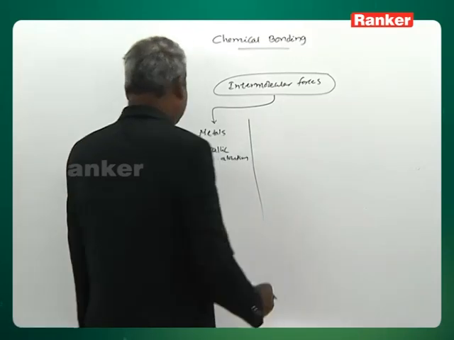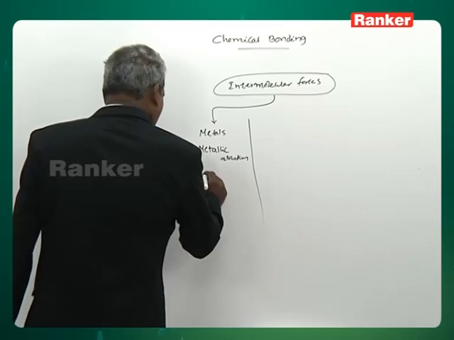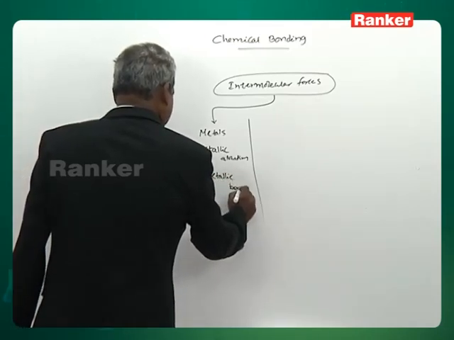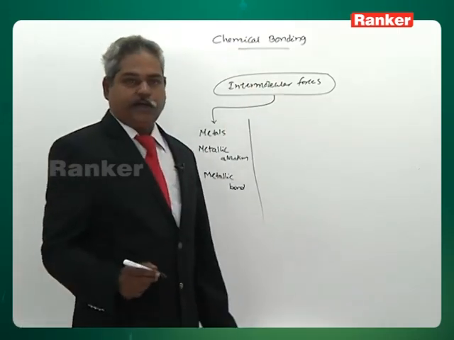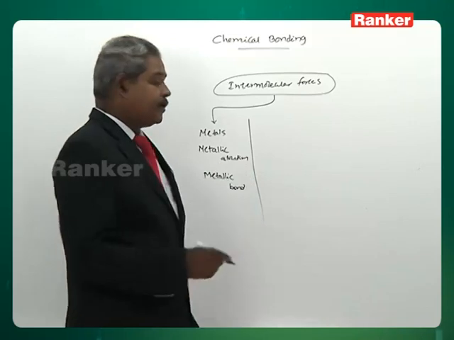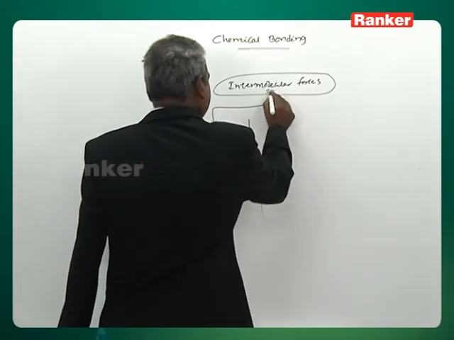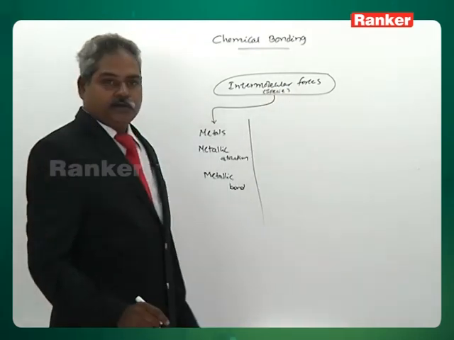In metals, we have metallic attractions, and the bond existing there is called metallic bond. Here, when I said intermolecular, I mean intermolecular, interatomic, interionic, interspecies attraction, any species, be it molecule, atom or ion.